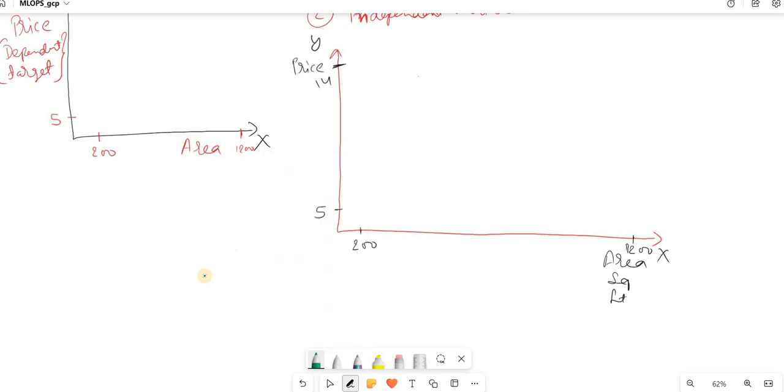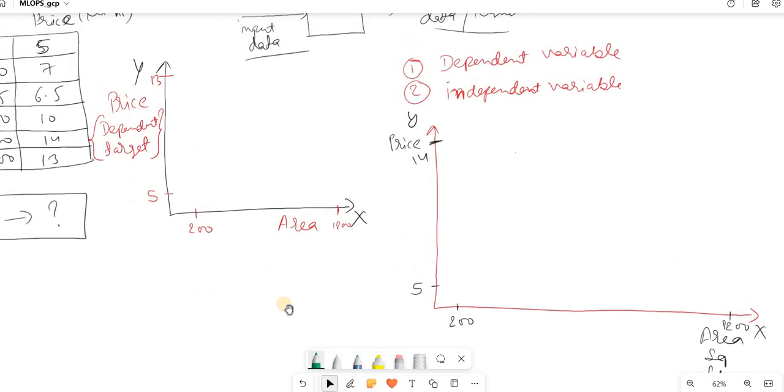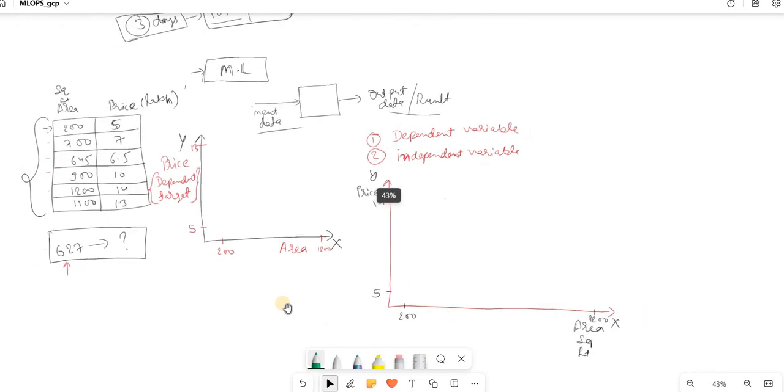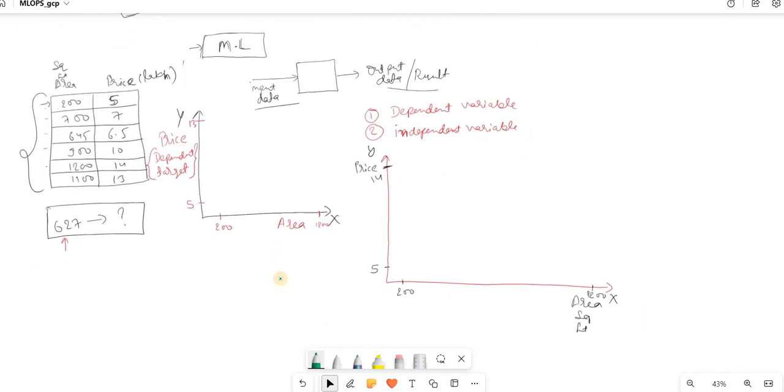Okay, let's understand the points. Let me zoom out a little bit. For 200, definitely it will be somewhere here, like 5 lakh. After the 200 there will be 645, so let's suppose 6.5 lakh, somewhere here.